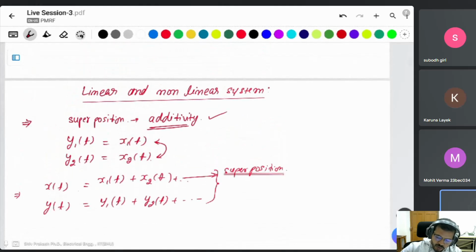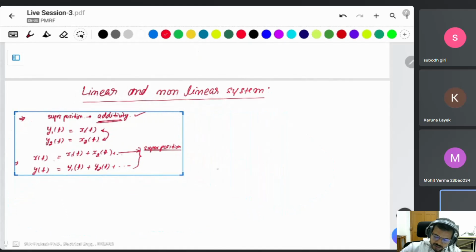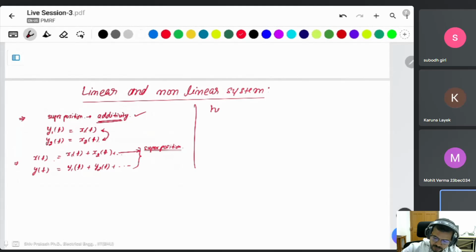Same thing for homogeneity. It is also known as scalability.